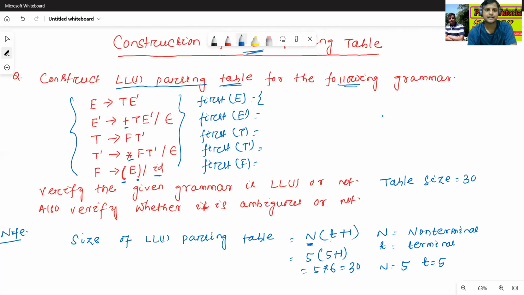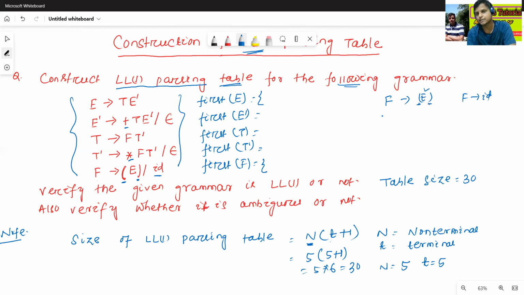Right. So now we'll find out the first set. First we'll find the first of F. F contains 2 productions: F goes to open bracket E close bracket, and F goes to ID. Here open bracket is a terminal, E is a non-terminal, and close bracket is a terminal.